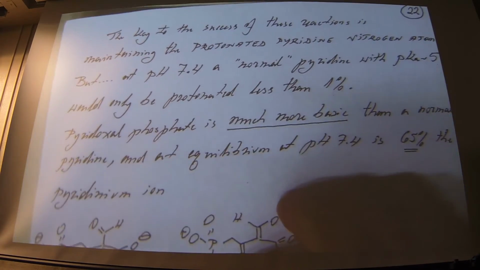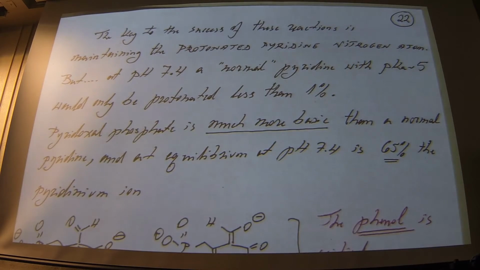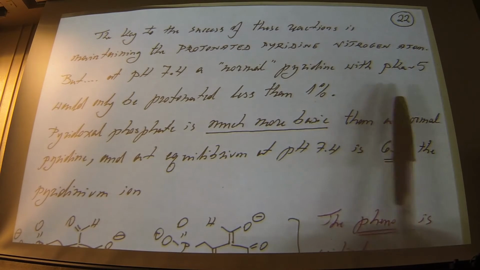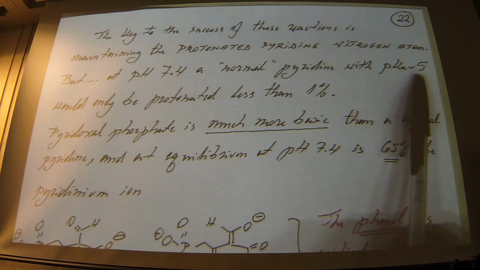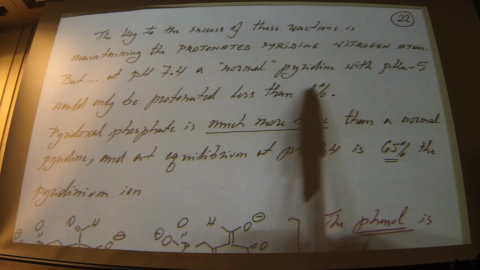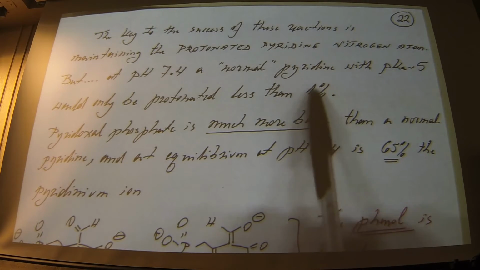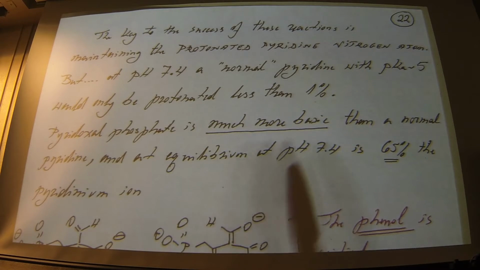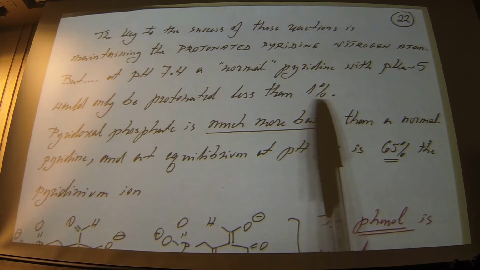And now there's kind of a funny thing that goes on, because at pH 7.4, which is physiological pH, the pH at which all this stuff happens, that pyridine, if it was just a pyridine, wouldn't be protonated very much, because the pKa of the pyridinium ion is about 5. So pyridine would be present as plain old pyridine. You have maybe about 1% of the pyridinium, but that would not result in good catalysis.